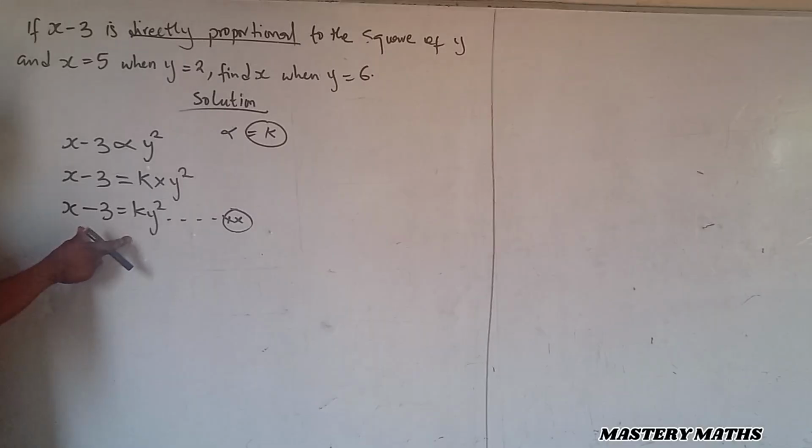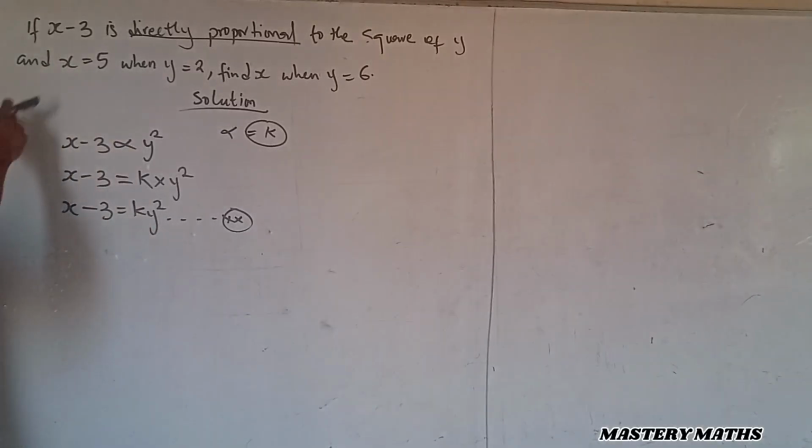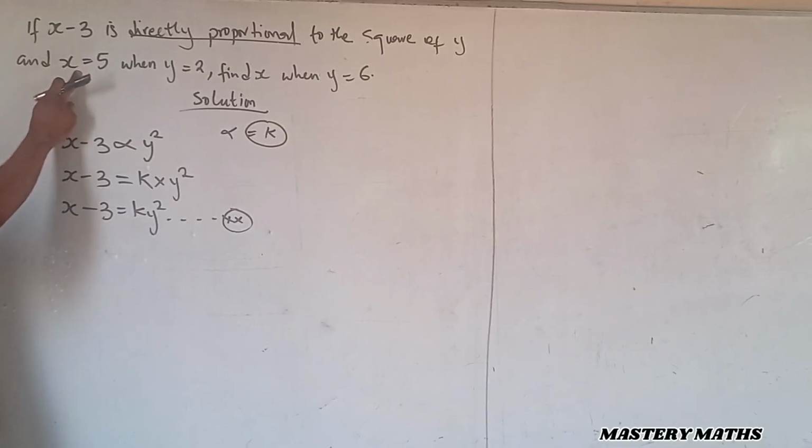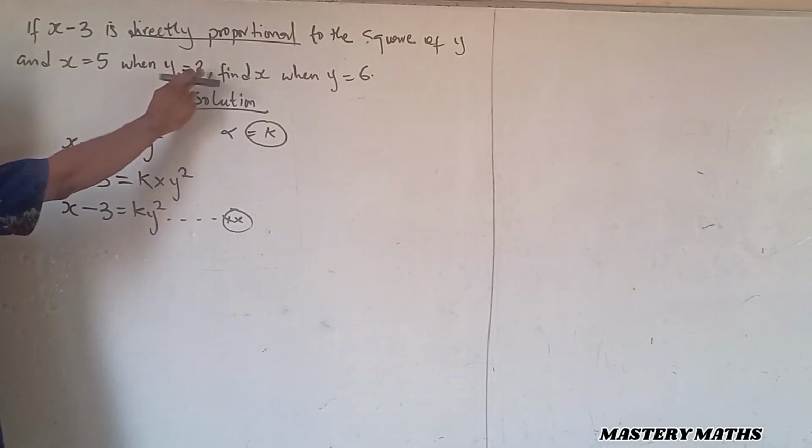With this main formula on the board, we'll proceed. It said x is 5 when y is 2.